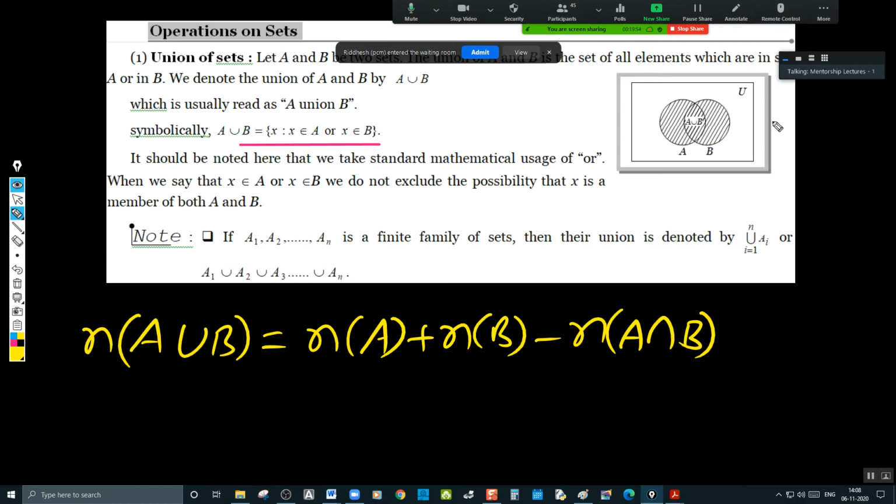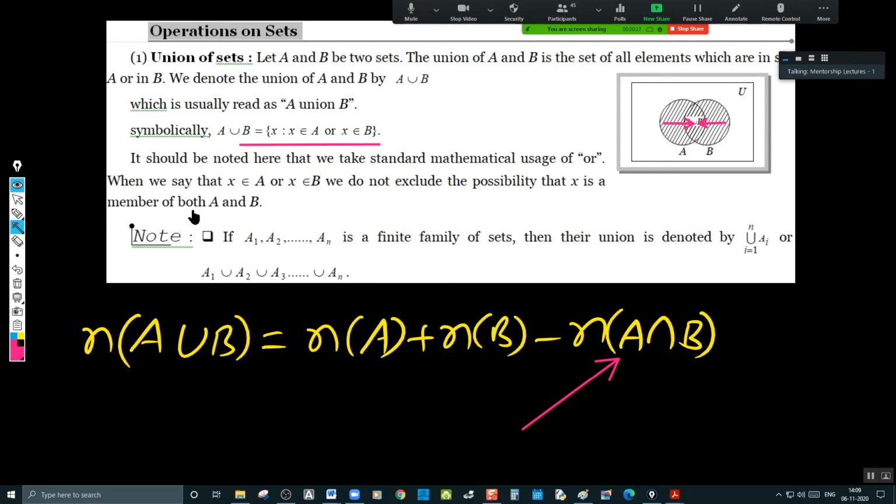Because in n of A itself, you have A intersection B, the common part of both sets, and in n of B also it is there. So when you don't subtract it, that A intersection B part will be doubled, and hence we have to subtract it. This is a simple logic.